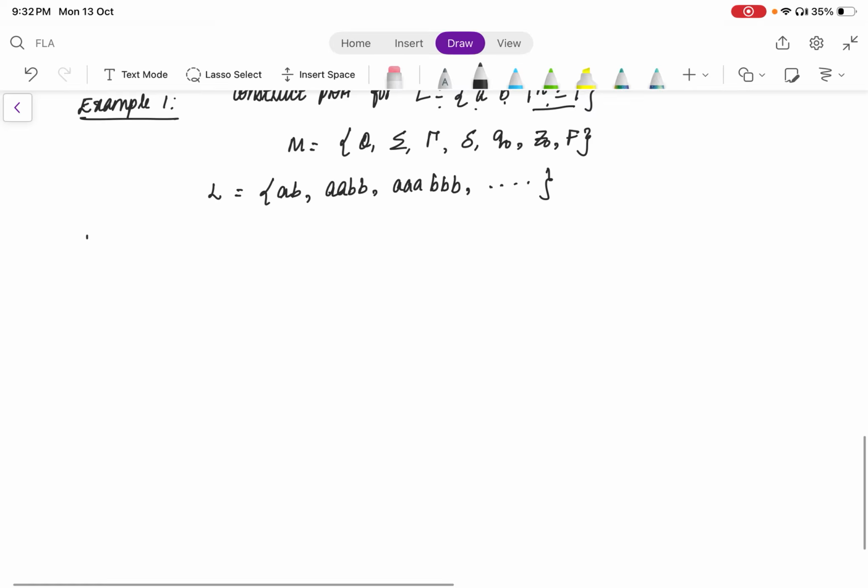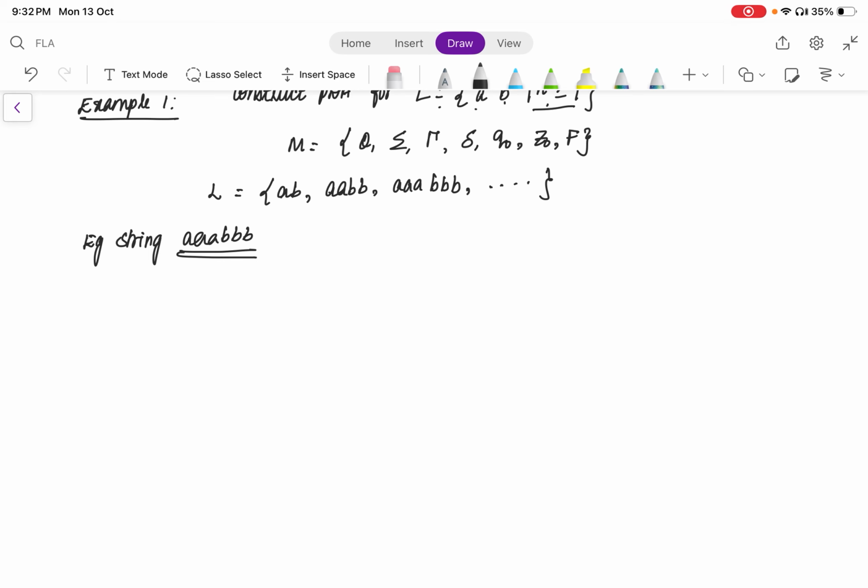So the example string that I'm going to take is aaabbb. You can say that the given language is accepted by the PDA when your stack is empty or you reach a final state. So how would you make the stack empty with this string?